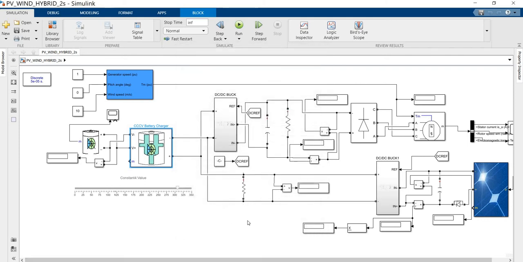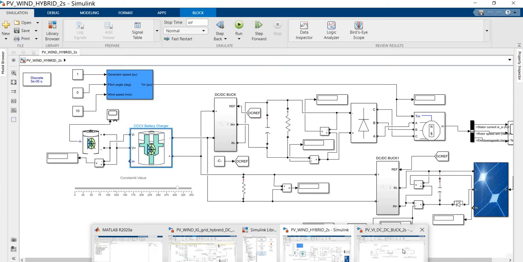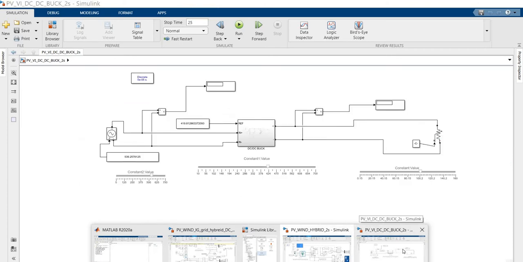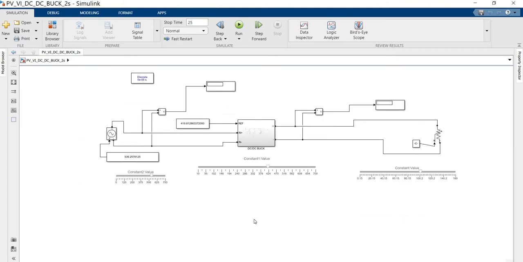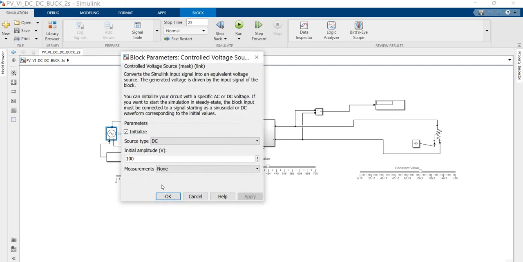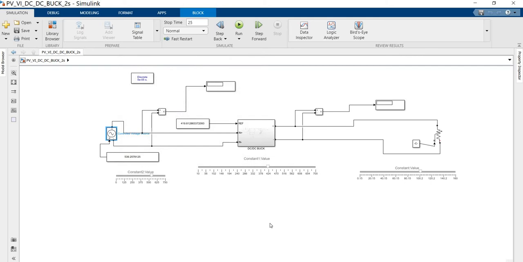For that purpose, we are going to see the basic operation of a DC to DC converter, simply, within a minute. This is a variable DC source of 100 volt amplitude, connected through a 0 to 750 volt slider gain.